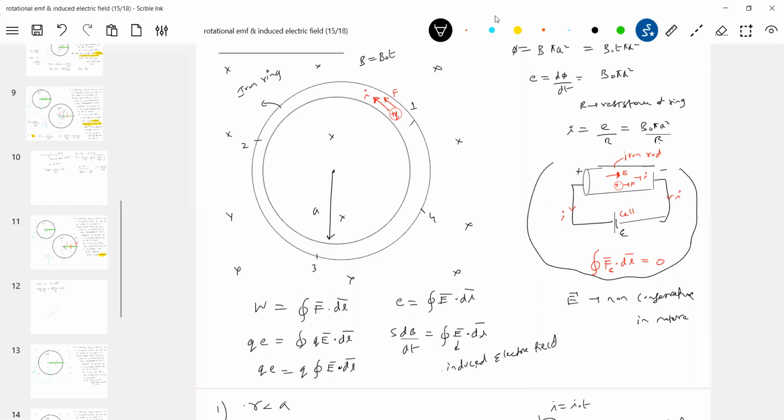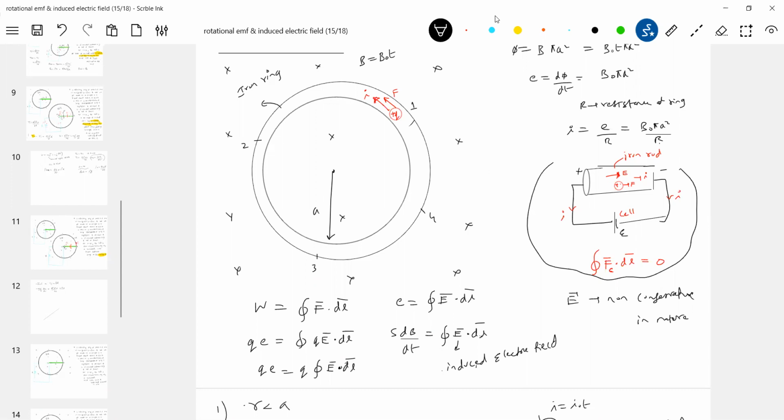So what is the source of this induced electric field? Not that the iron ring has created it. Whether you keep a conducting or non-conducting ring, or nothing at all, the source of the induced electric field is the varying magnetic field, not the ring. The presence or absence of the ring does not determine the induced electric field. A varying magnetic field will produce an induced electric field.